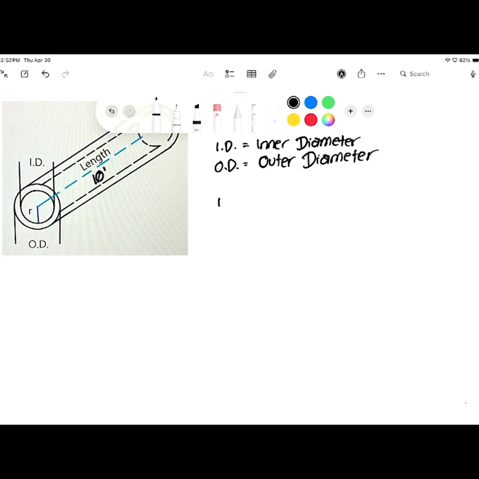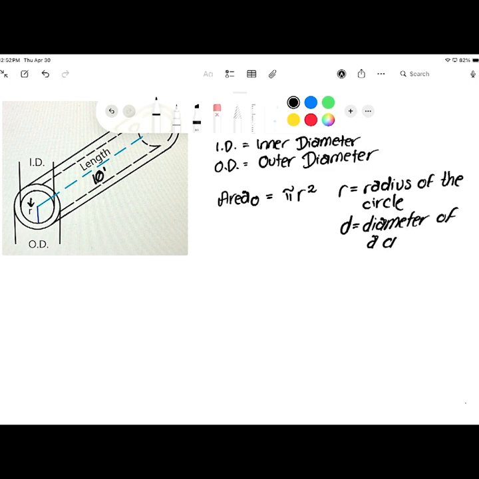So we know that the area of a circle is equal to pi r squared, where r is the radius of the circle, which is shown right here. And we know that the diameter is equal to two times the radius.